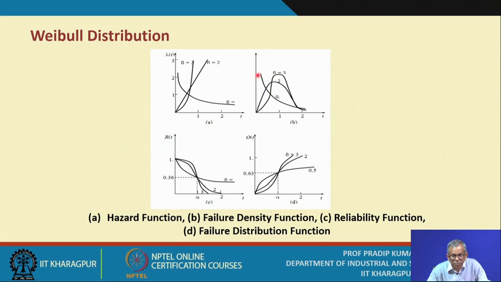This is the shape, and it changes. For a certain value of beta, the distribution looks almost like a normal distribution. Like the Rayleigh distribution we have assumed, right? When beta equals 2, that is referred to as the Rayleigh distribution.